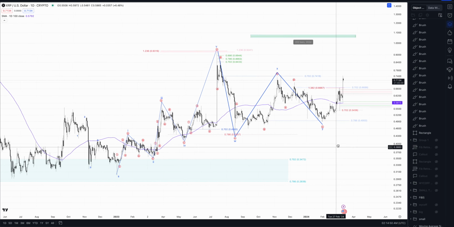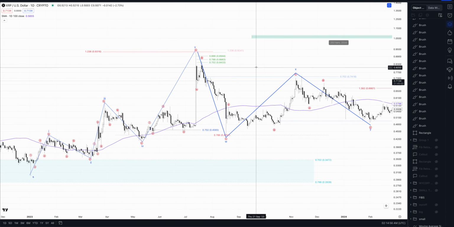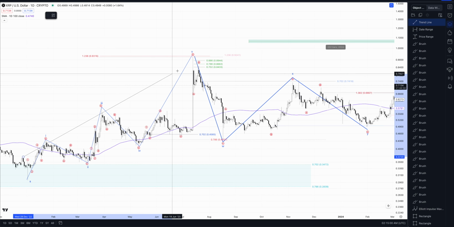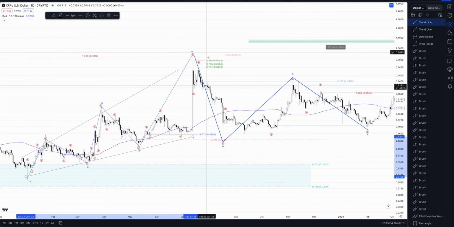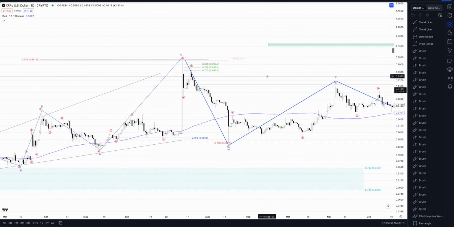Okay, so this is the beginning of 2023. These are all the waves mapped out since 2023. Okay, this was your leading diagonal. 5th wave hitting the 1.236. And look how many times XRP finds support and rejects off the 702 and the 786.